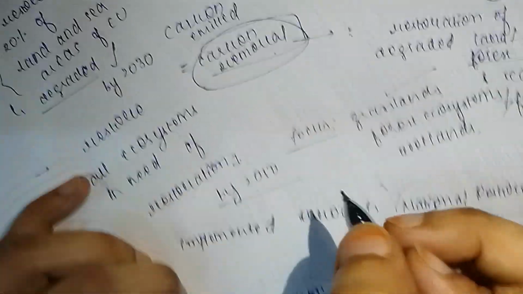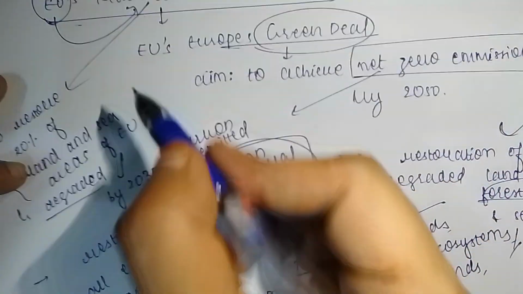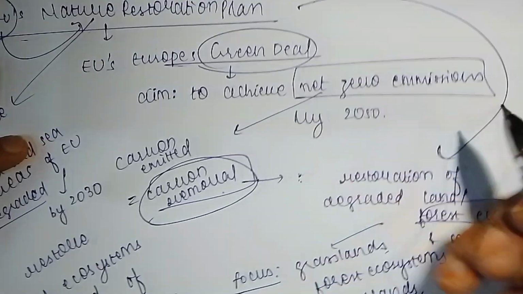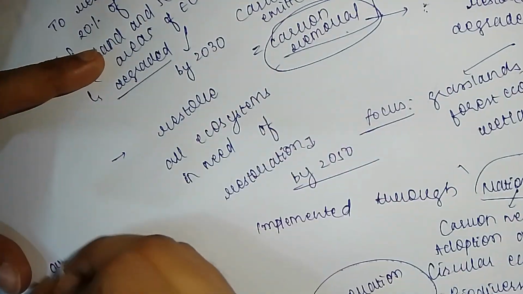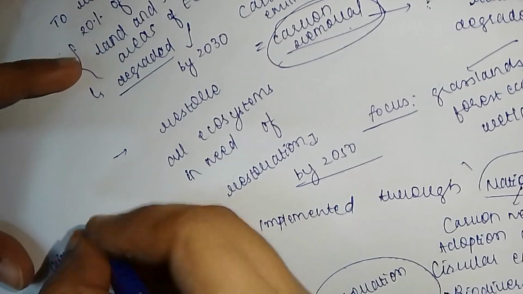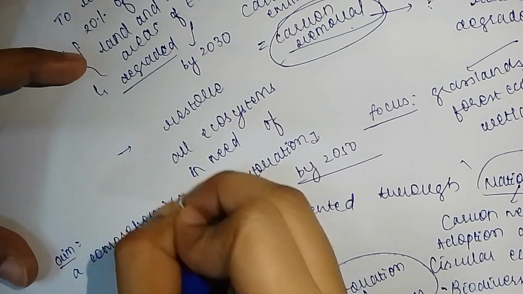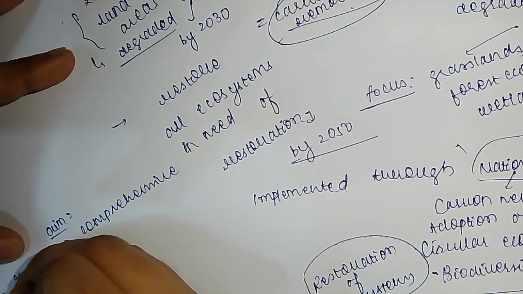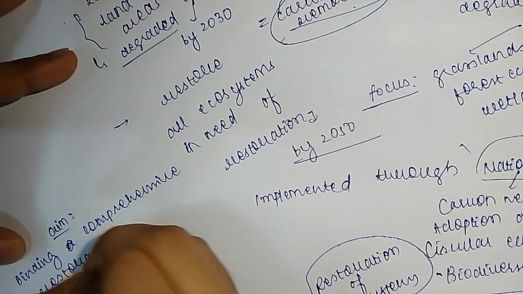Our discussion of this Nature Restoration Plan basically focuses on nature restoration. You can mention as aim that it's a comprehensive law. It is also binding; it includes binding restoration targets.